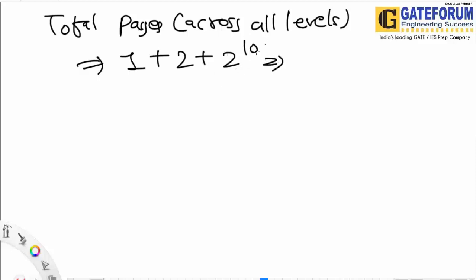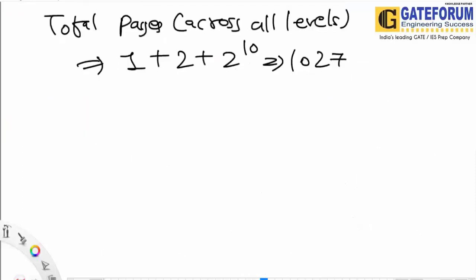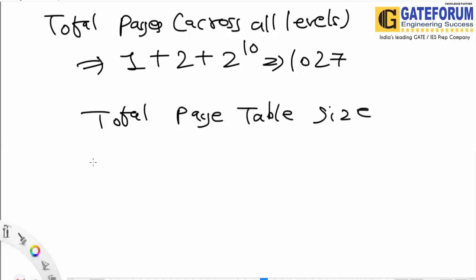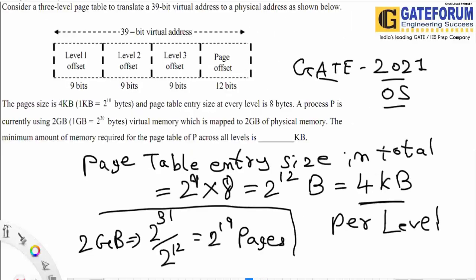So 2 raised to 10 is 1024, and the total is 1027 page tables. We had already checked that one page table entry size is 4 bytes. If you want to find the total page table size, we require 1027 page tables, where 1 is for level 1, 2 is for level 2, and 2 raised to 10 is for level 3, each with page table size 4 KB.